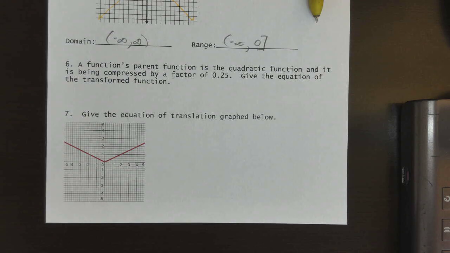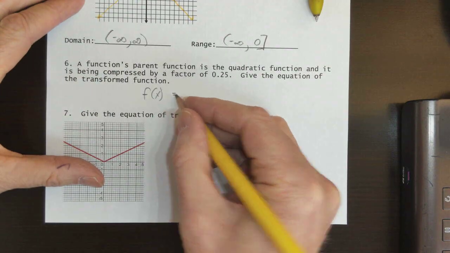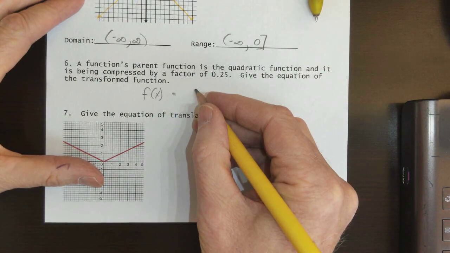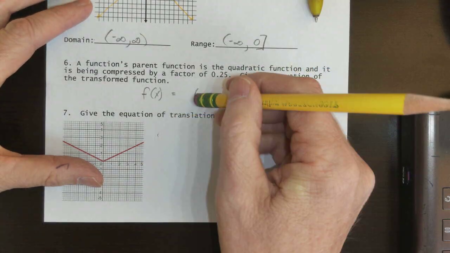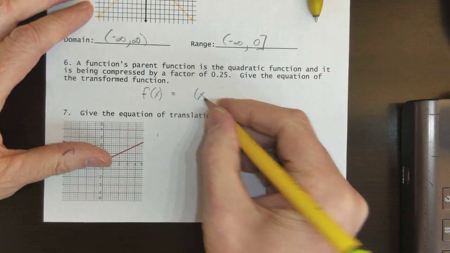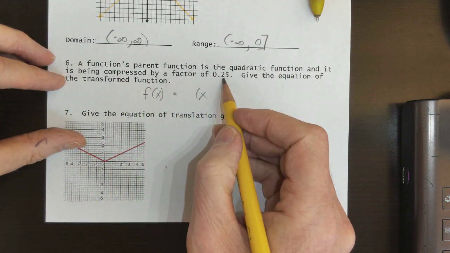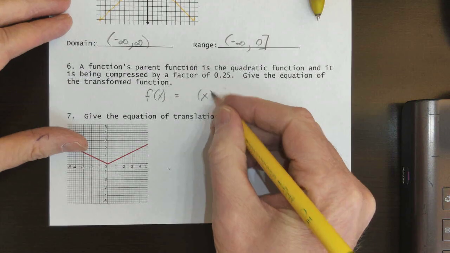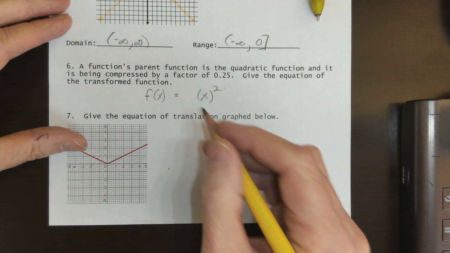A function's parent function is the quadratic function, and it is being compressed by a factor of 0.25. It's not being shifted at all, so I'm just going to close those, put the square there.